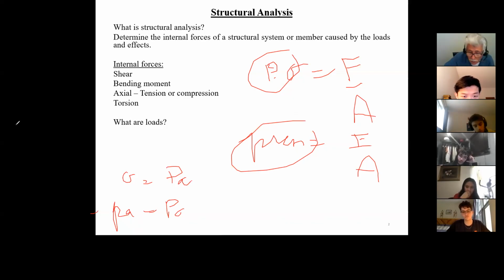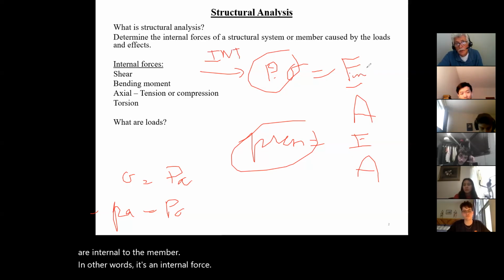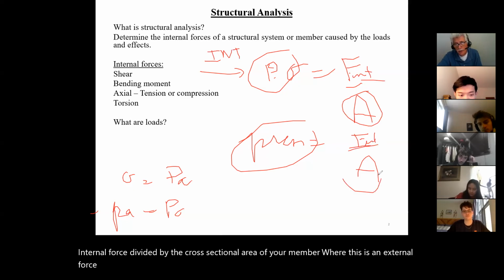Well, guys, so that you have an idea, stresses are internal to the member. In other words, it's an internal force divided by the cross-sectional area of your member, where a pressure is an external force divided by the area that's being imposed on the member. And that's the difference.